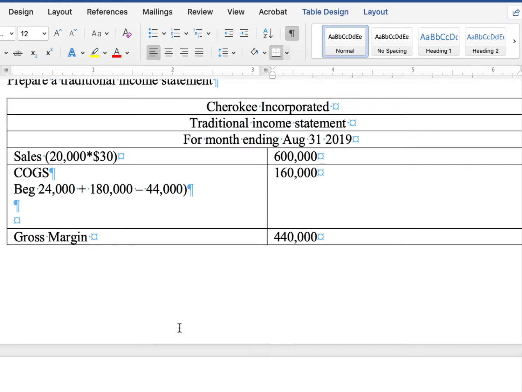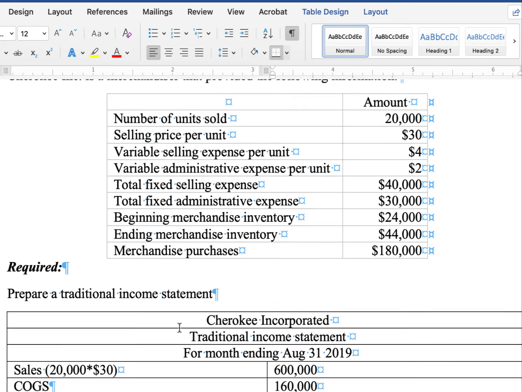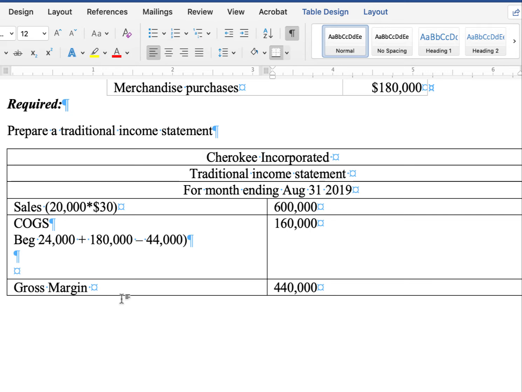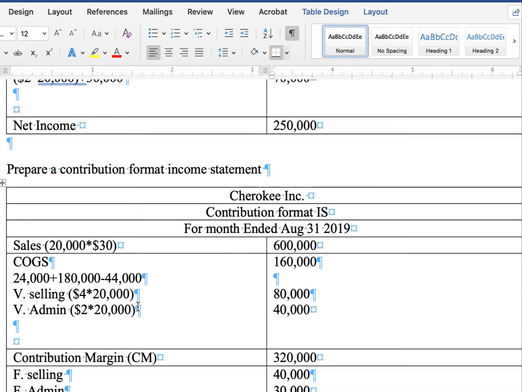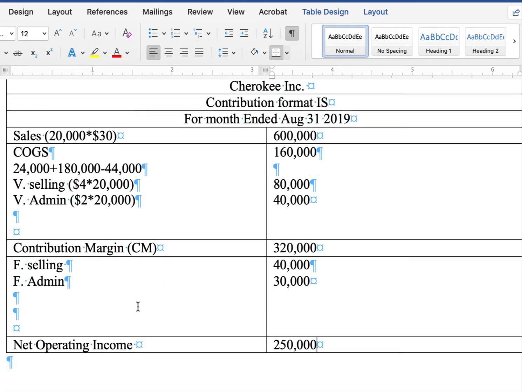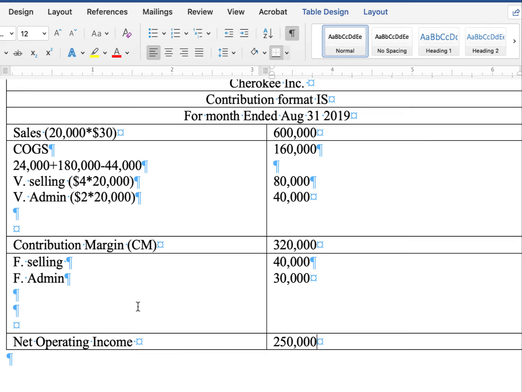In the traditional formatted income statement, we have gross margin. On the contribution formatted income statement, there's no such thing as gross margin. We have the contribution margin, okay, not gross margin. So those are the main two differences.